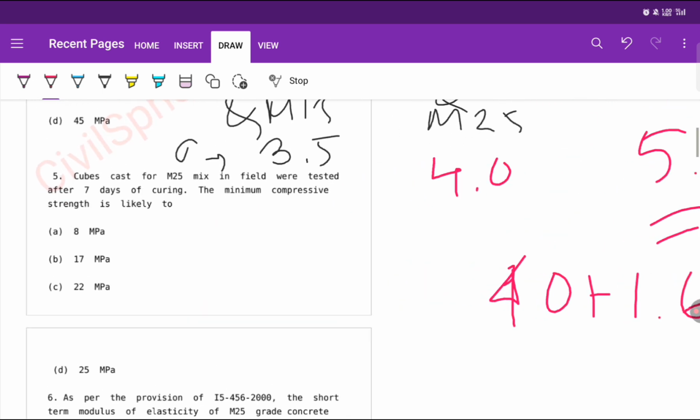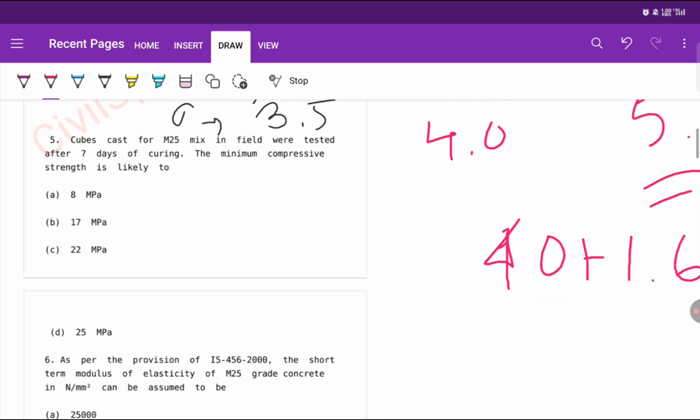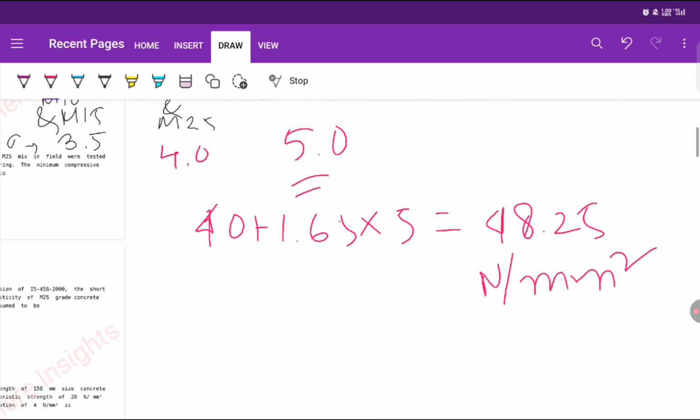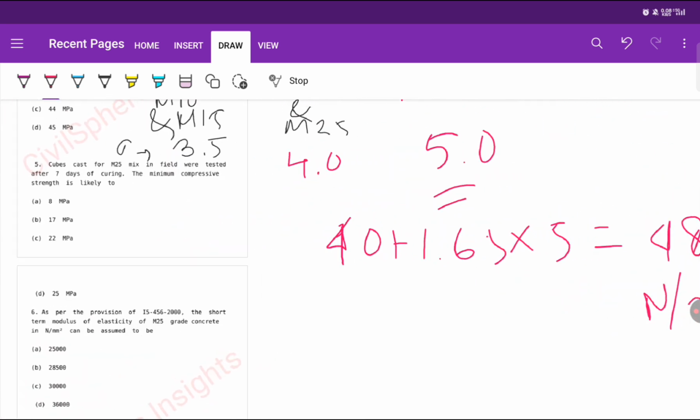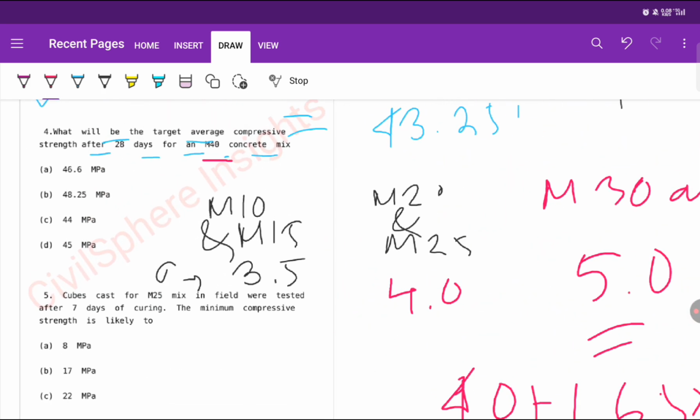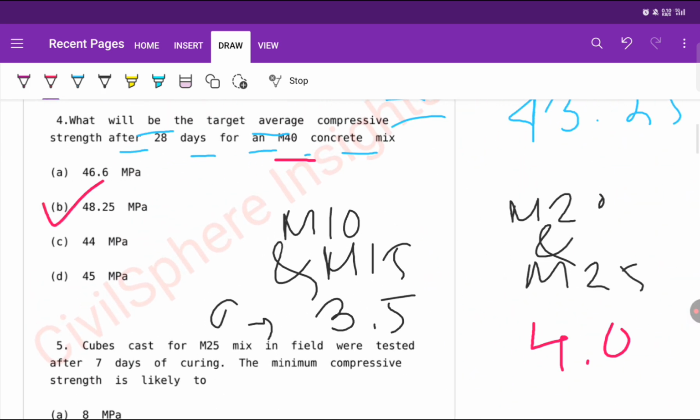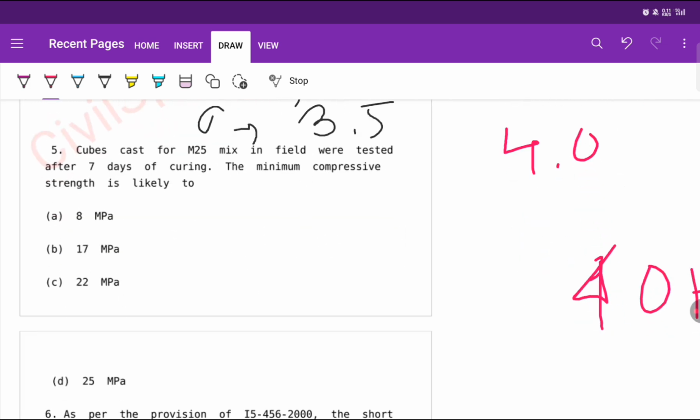So which option will be the correct answer? Just 48.25, right? So option B is the correct answer. Okay. Coming to the next question.